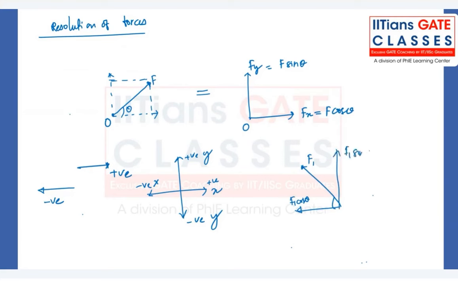Then this F1 cos theta will be negative. Whenever you are dealing with multiple forces, if you are considering one direction as positive, you should consider the opposite as negative. The force going in the rightward direction, if considered positive, then the force acting in the leftward direction should be considered negative. The same logic applies for forces in the upward and downward direction. So that is also one basic thing you should know.